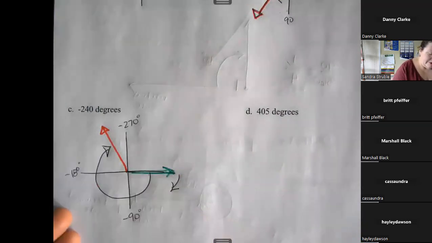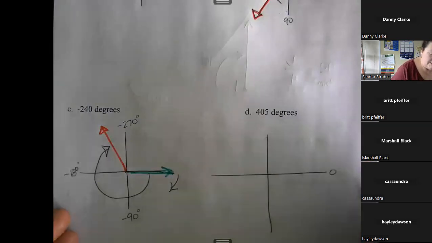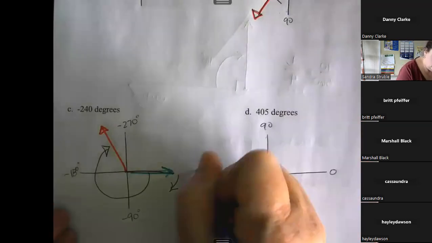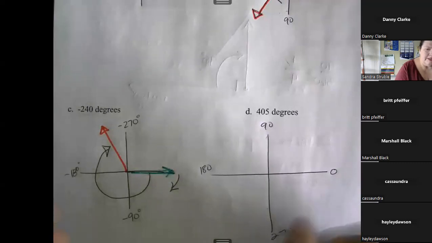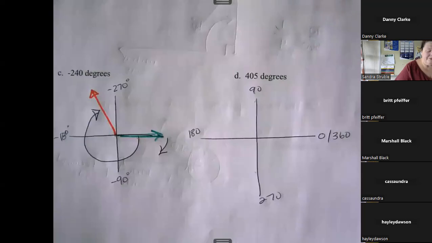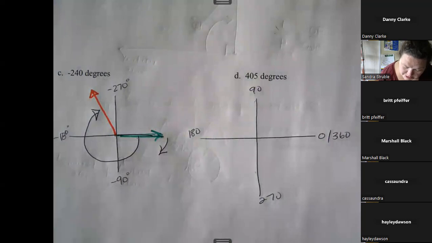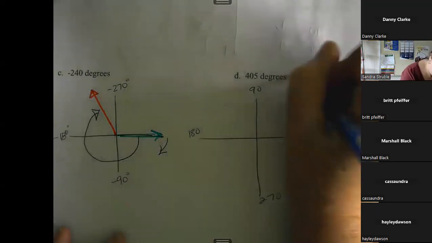So that's negative 270. The last one is 405. Well, hold on a minute. If this is 0, 90, 180, 270, this is also 360. How am I going to get to 405? I'm going to subtract 360 from 405. 405 minus 360 tells me that I have a 45 degree angle.